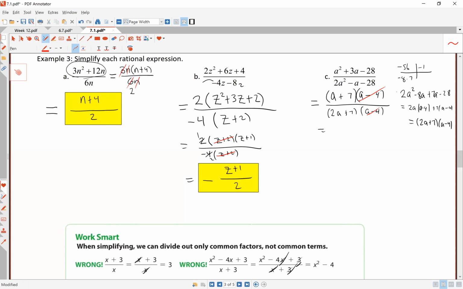Cross out the a minus 4s, and we're left with a plus 7, all divided by 2a plus 7.